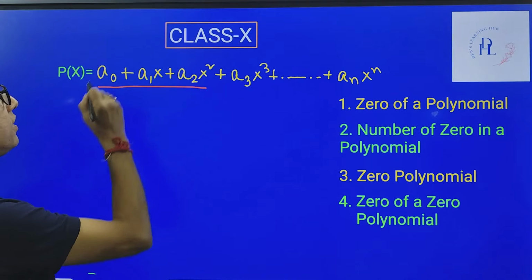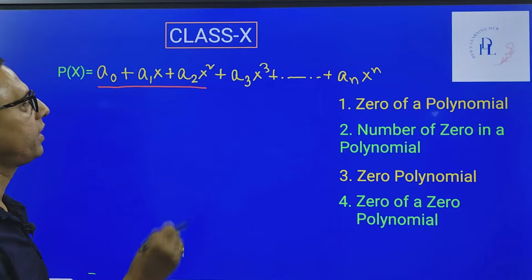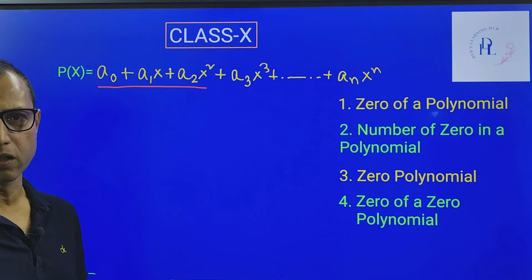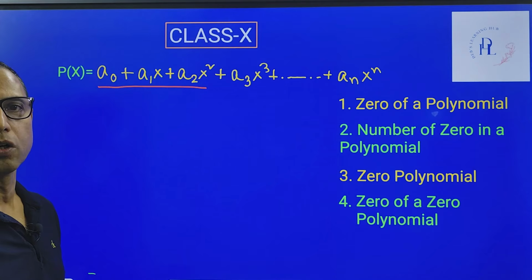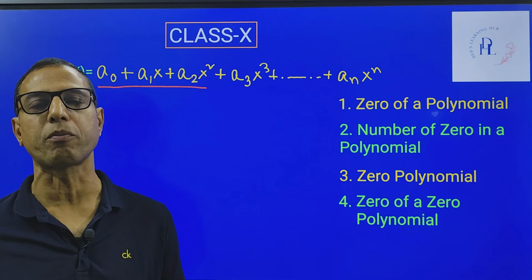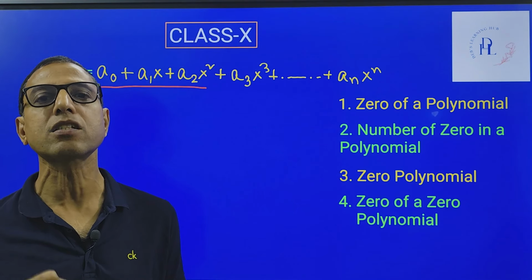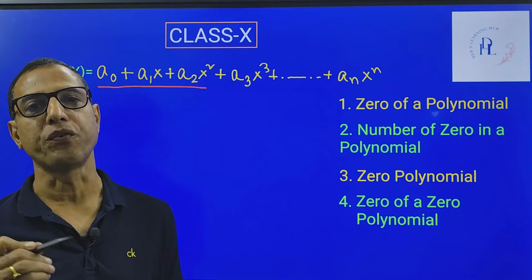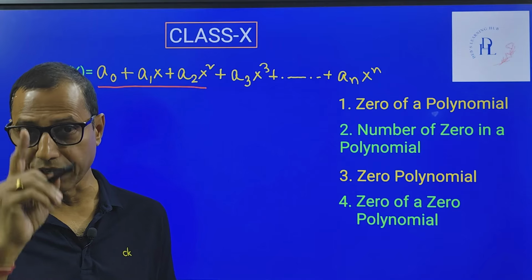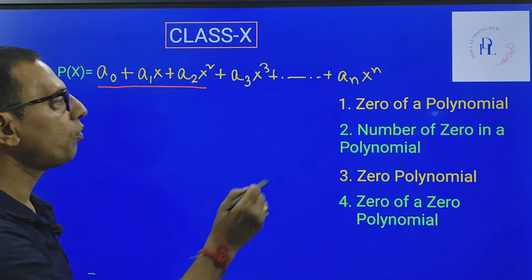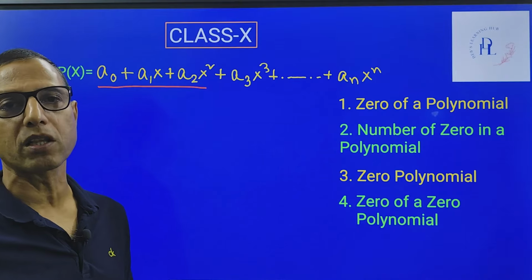If I consider these 3 terms only, then it's a quadratic polynomial. So degree of the polynomial is 2. What is degree of the polynomial? Degree of the polynomial means the highest power of the variable in that polynomial. Now zero of a polynomial, इसका मतलब क्या होता है?